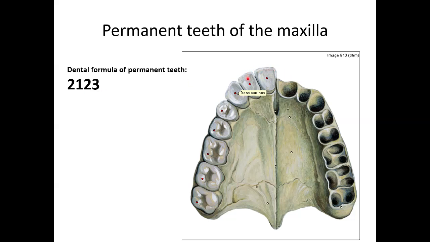It means again 2 incisive teeth, 1 canine tooth, 2 premolar teeth, and 3 molar teeth. So this is the formula of permanentis. 2, 1, 2, 3.